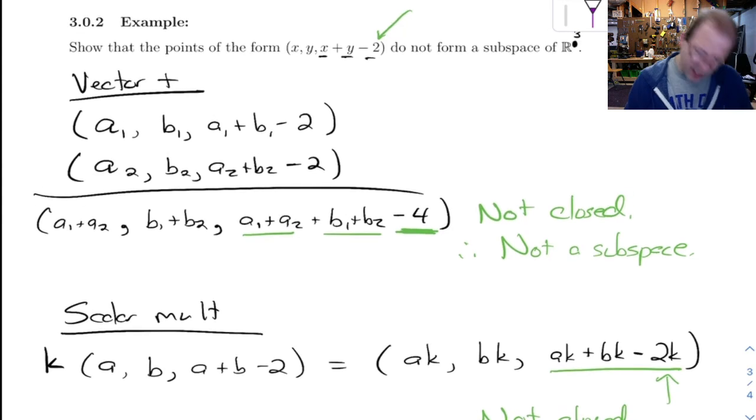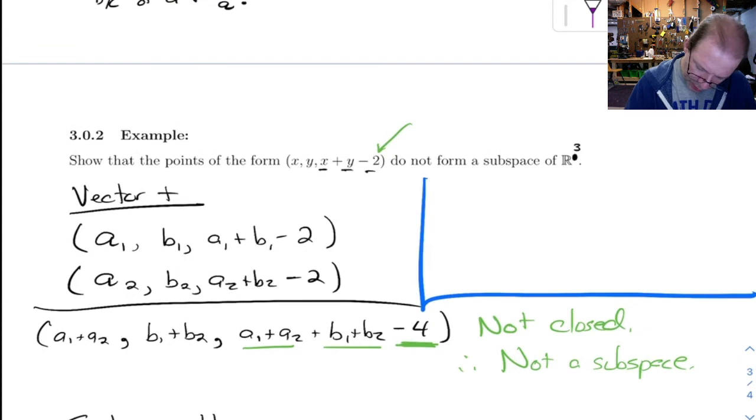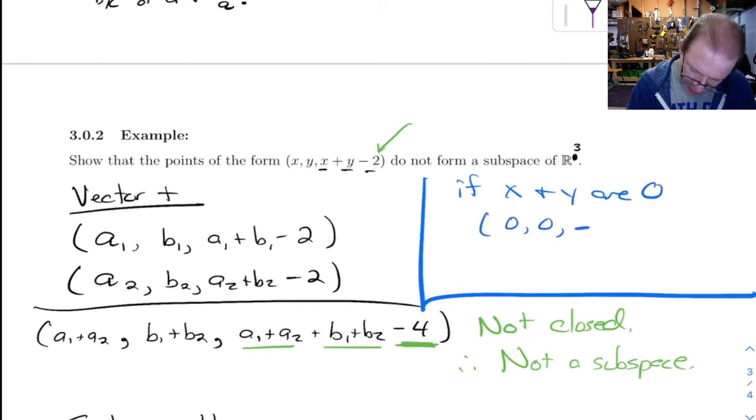And you know, I didn't think of this at the beginning, but really, if x and y are 0, we could have gotten away with this in an easier way. We could have said, if x and y are 0, that forces this last number to be -2.